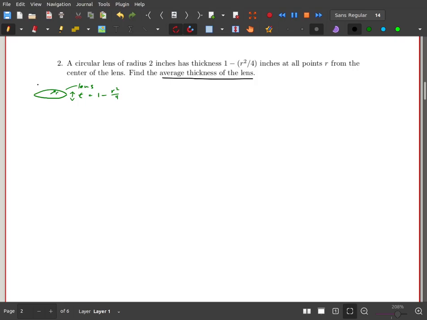So to find the average quantity, we'll take the sum of the quantity over all the points and divide by, in this case, the area. So what does this translate to? If we want to find the average thickness, I'm going to put a bar on top to denote the average.